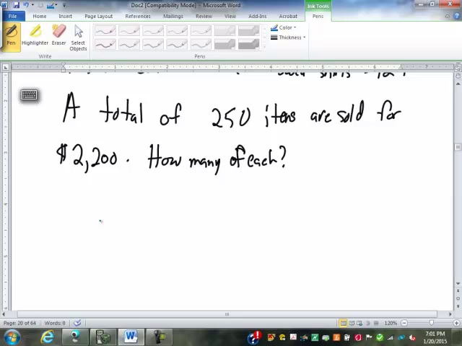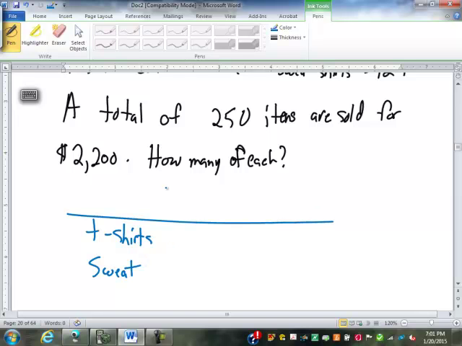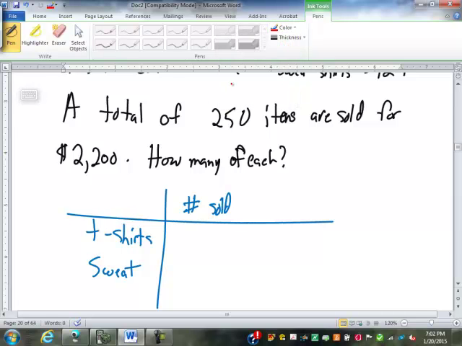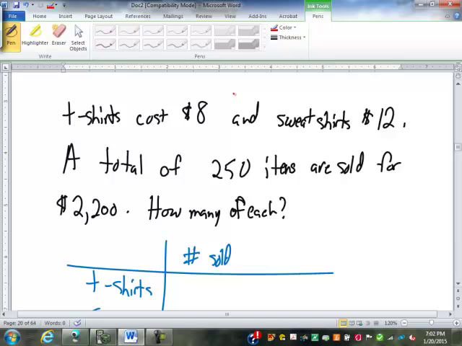Once again, t-shirts and sweatshirts. Trying to define the number sold. Is one referenced off the other here? No, there's not. It doesn't say that one is a certain number times the other. It doesn't say that one is a certain number more than the other.